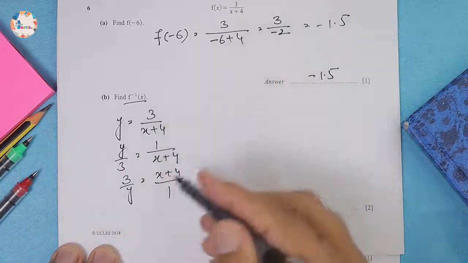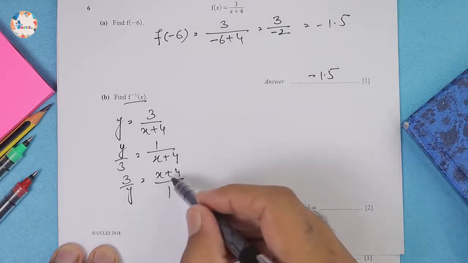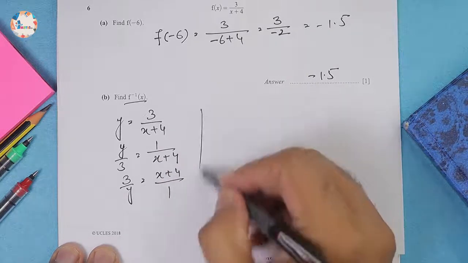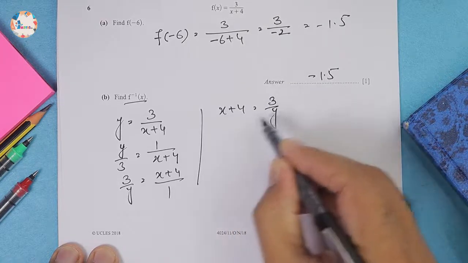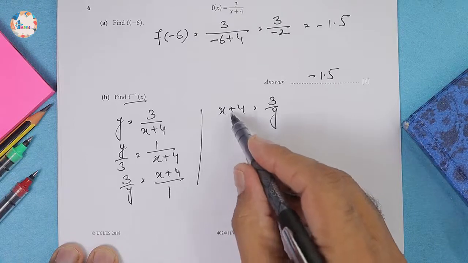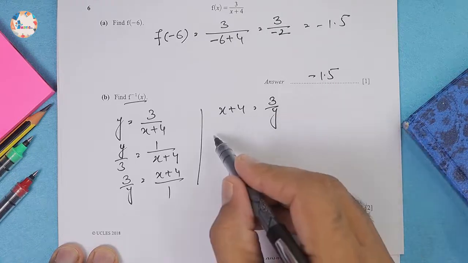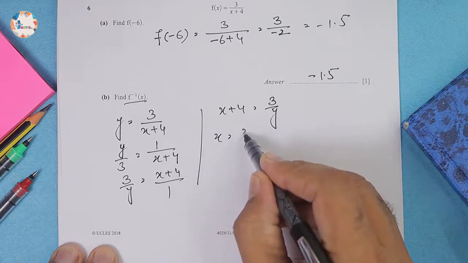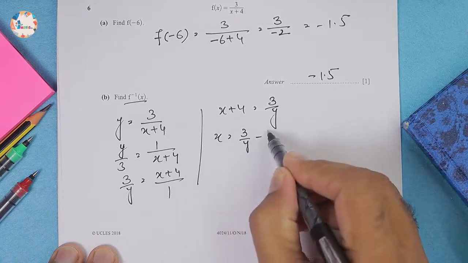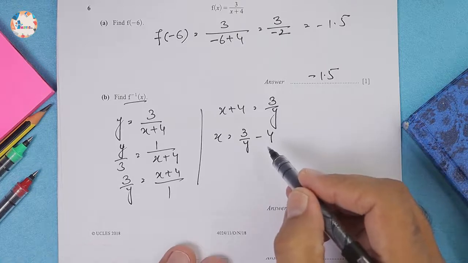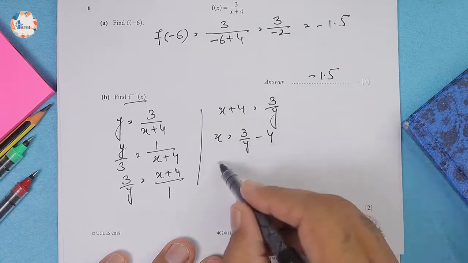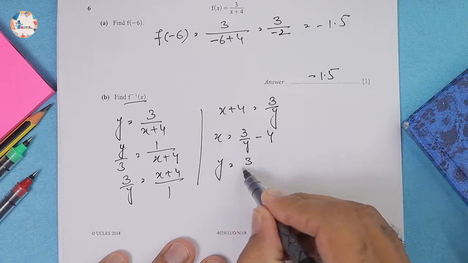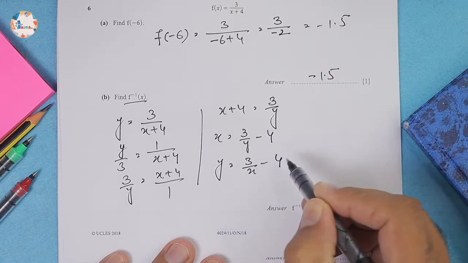We have inverted everything, and now we can rewrite this as x plus 4 is equal to 3 over y, and we can shift 4 also to this side. So this will be x is equal to 3 over y minus 4, and now we can swap this x and y. So y is equal to 3 by x minus 4.